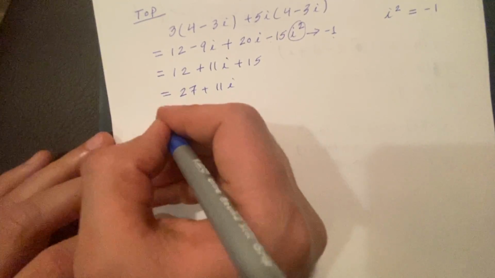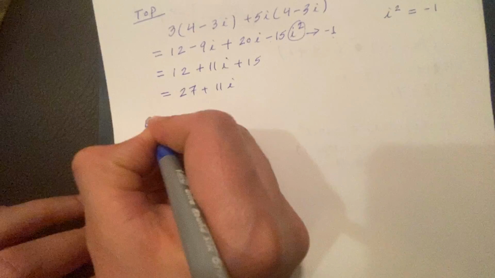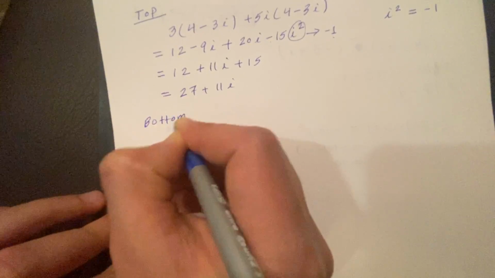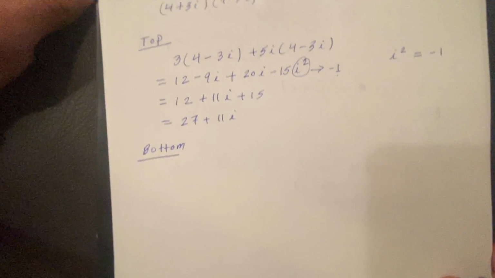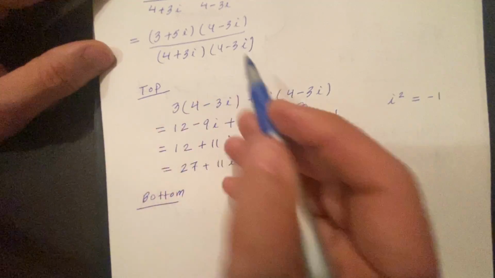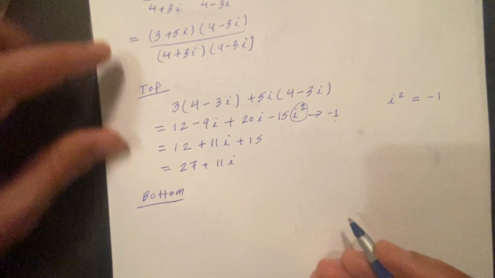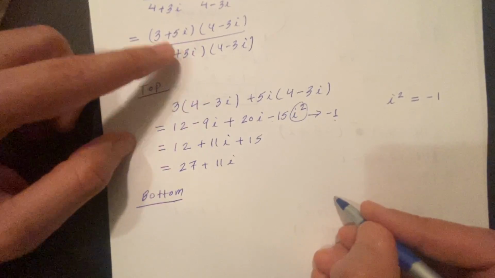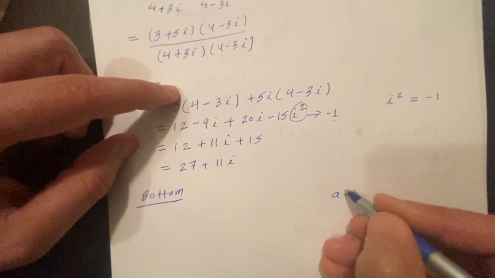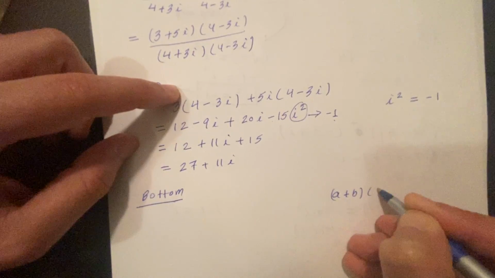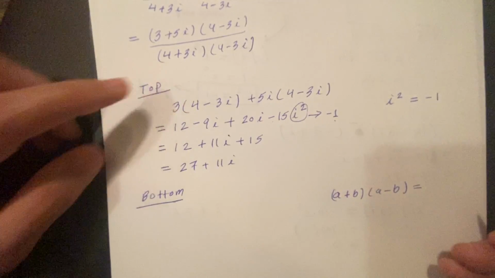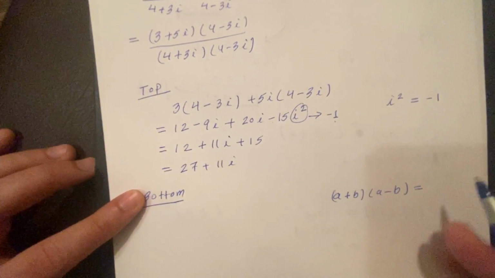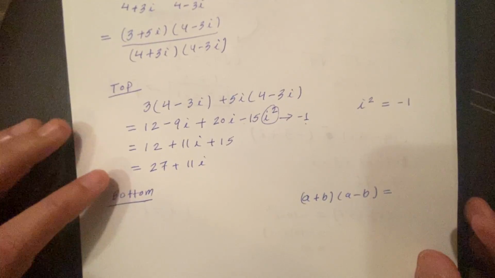That's what we get from the top, and for the bottom, we have this: 4 plus 3i times 4 minus 3i. So this is again similar to (a plus b) times (a minus b). Do you guys remember this?